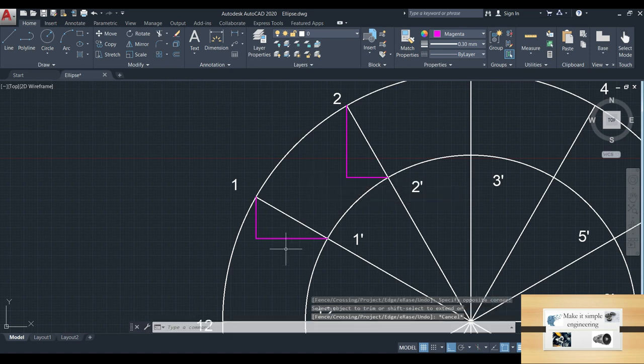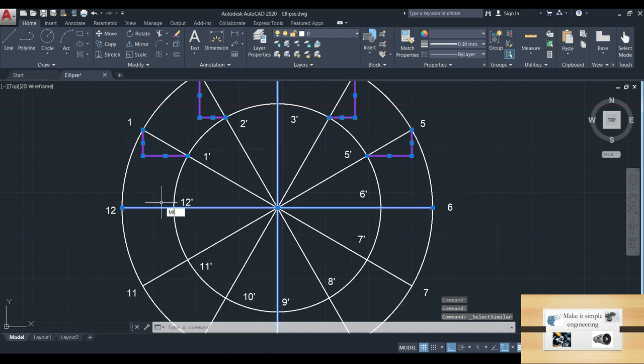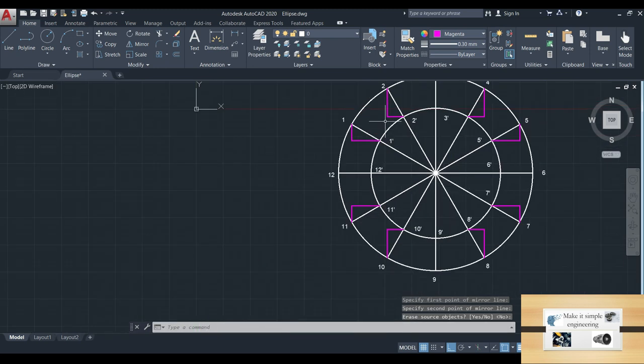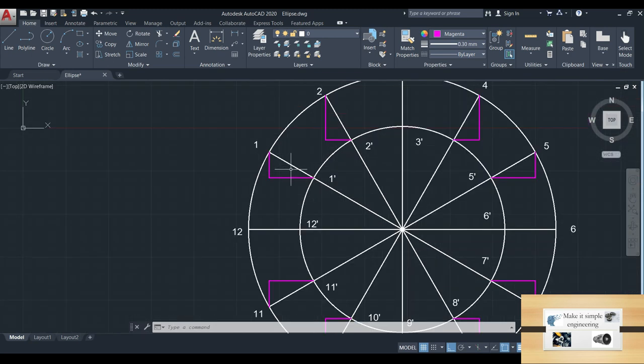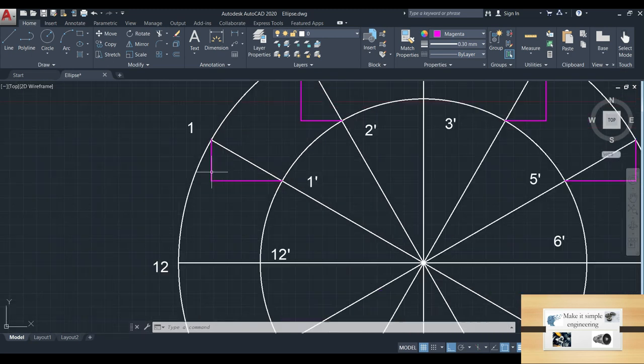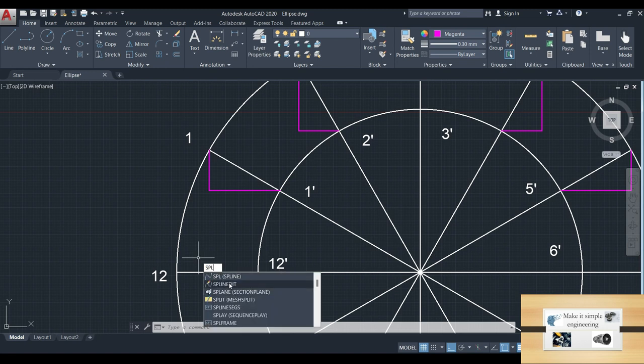So similarly we have to draw lines. So after that we have to draw lines like this. So then we will get points, different points at this corner. So then we can draw ellipse by means of hand drawing.